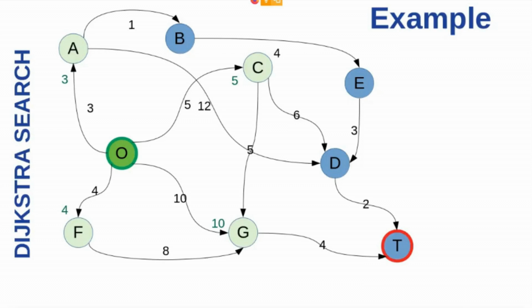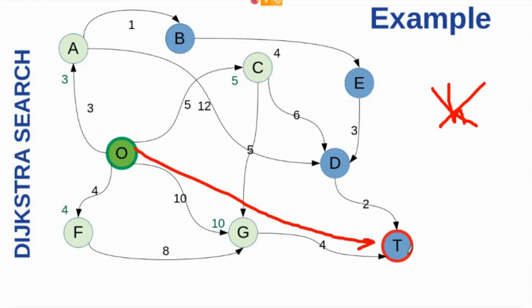We consider now the real costs, remember, so the heuristics have nothing to do with them, right? So here we have a 3, 4, 5, and 10. As I told you before, these nodes A and F are in the wrong direction to T. T is in that direction, right?